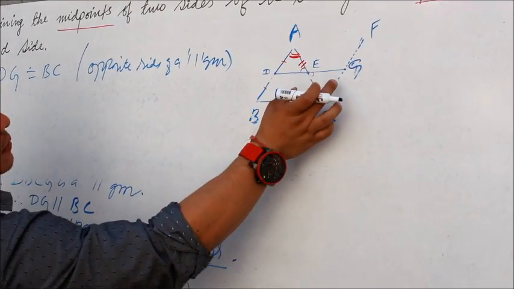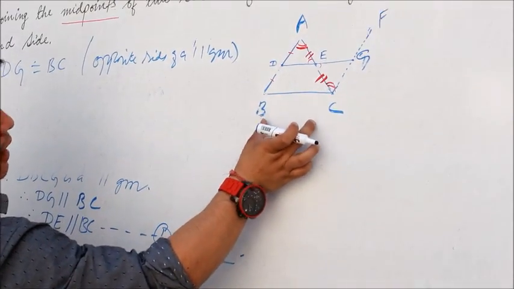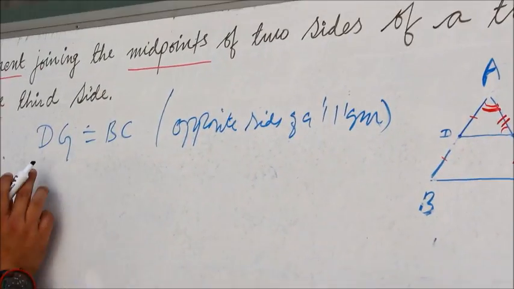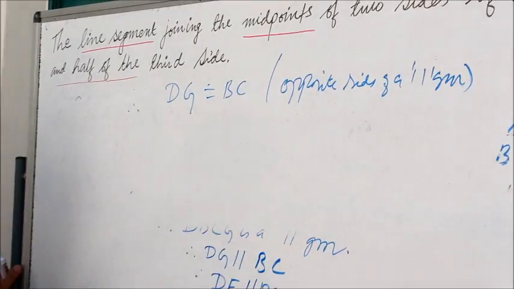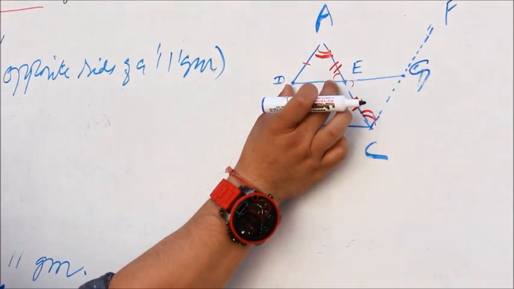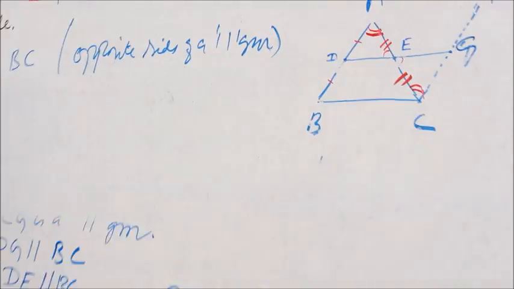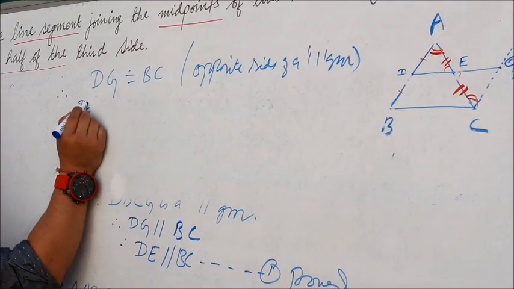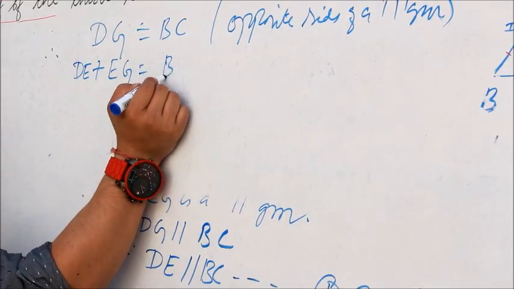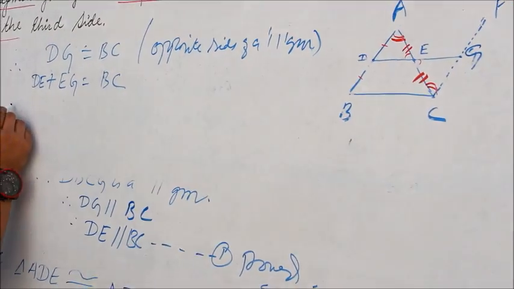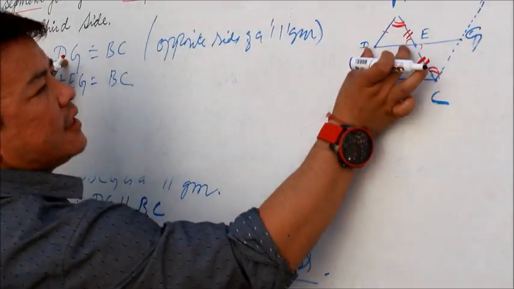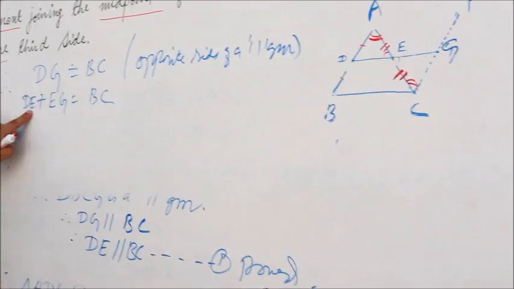So now we have to prove DE is half of BC. How do we prove it? DG is made up of DE and EG. So DE plus EG equals BC.